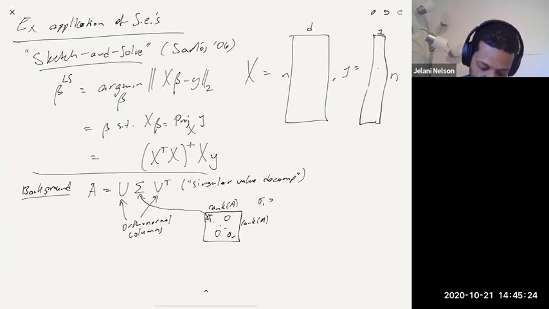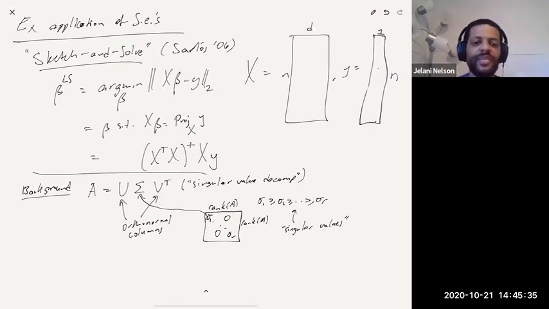So sigma 1 is greater than or equal to sigma 2, greater than or equal to dot dot dot, greater than or equal to sigma r. These are the so-called singular values. So theorem: any real matrix A has an SVD. It can be decomposed in this way.